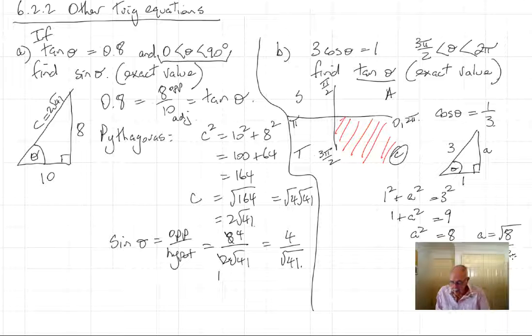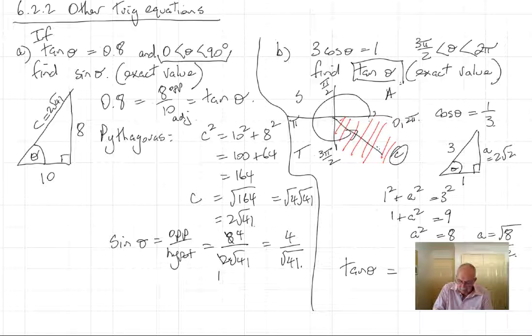So we can work out now 2 root 2. And so we can work out tan of theta. So tan theta is equal to, we know that it is going to be negative because the angle theta is actually not an acute angle. It is all the way around here somewhere, and this will be my theta.